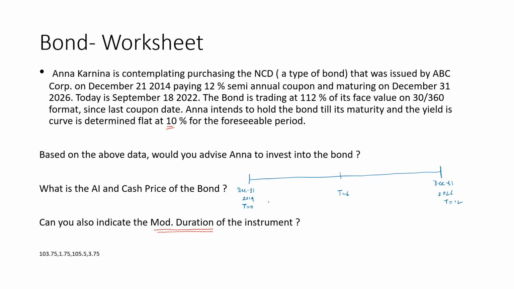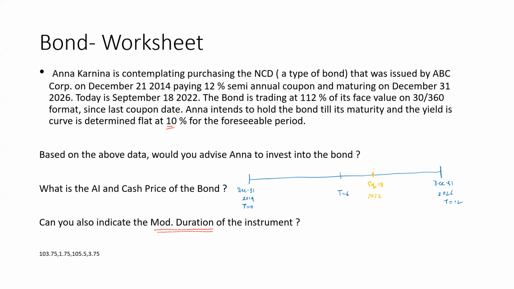Now, today is 18th of September 2022. So if you consider today, we are perhaps 4 years, some months here. So this is the day that we are here, September 18, 2022.